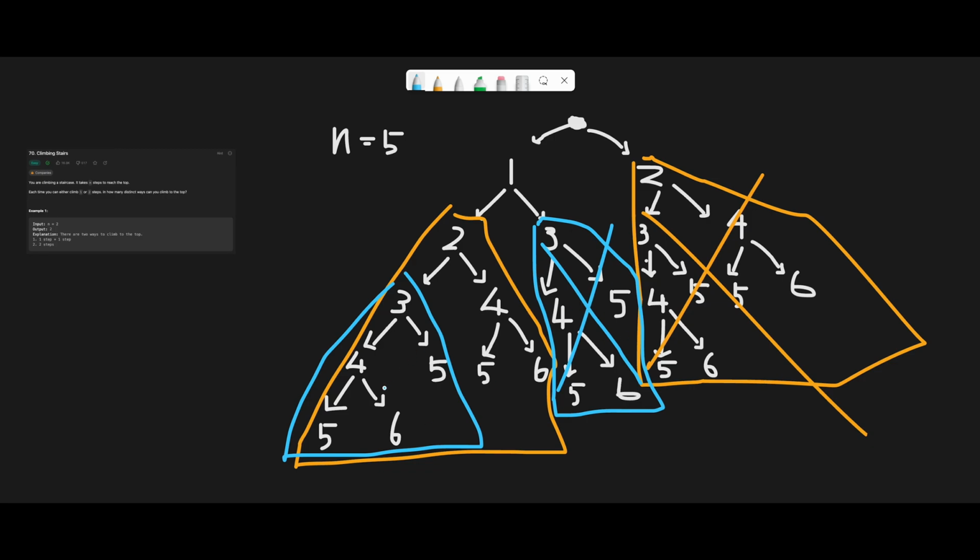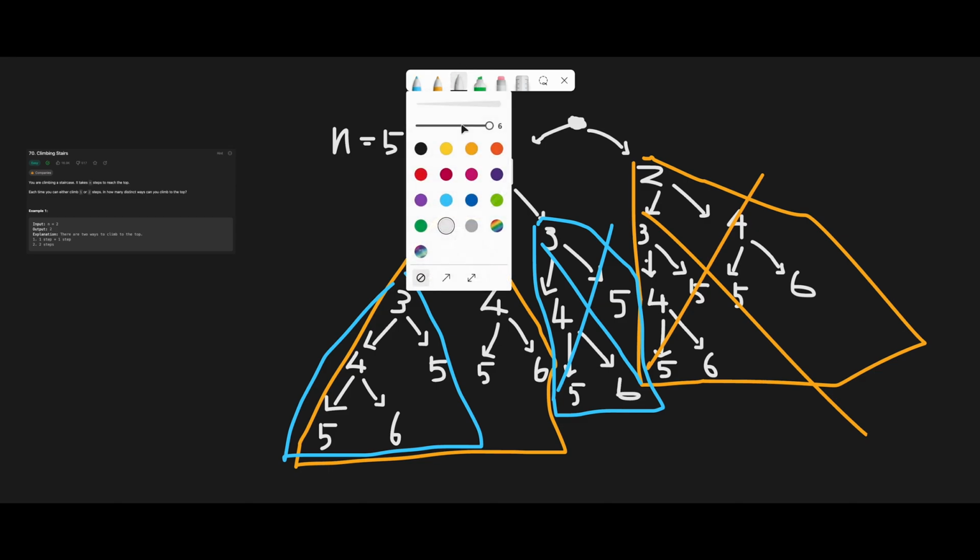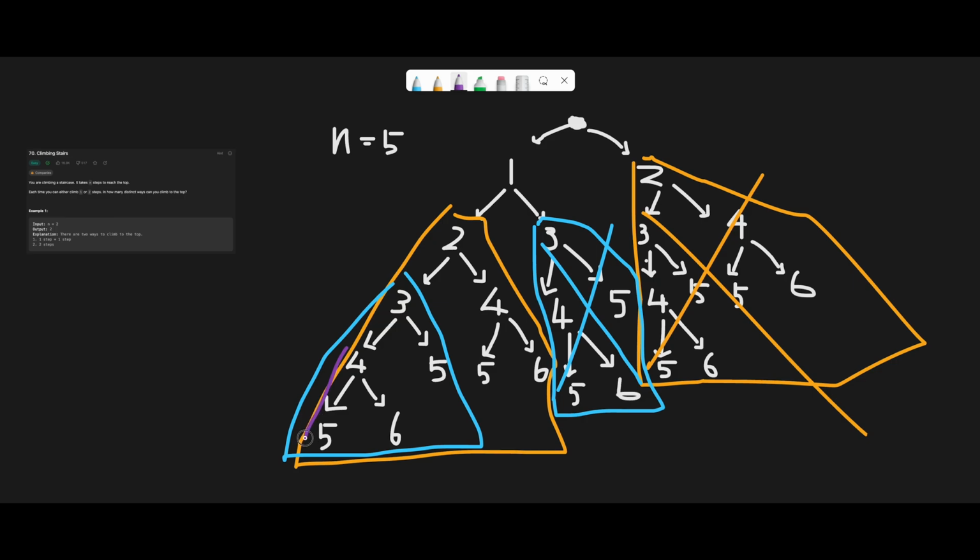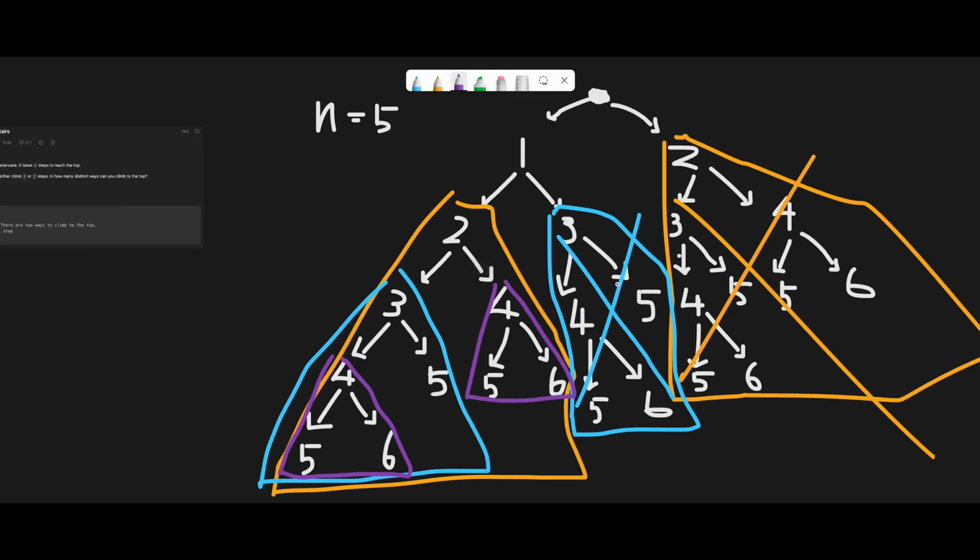And then there is one more duplicate subtree. Look at this small subtree, 4, 5, 6. As I told you, we go down on the left side.